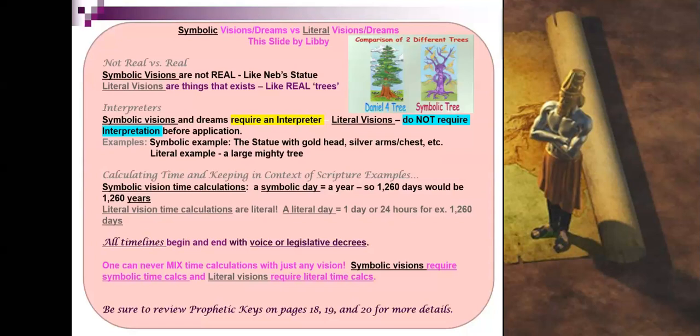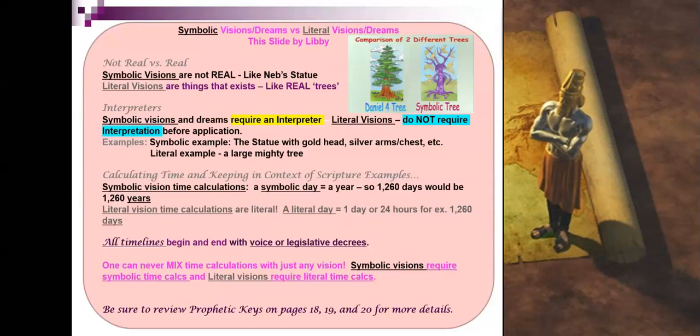Thank you. Okay, so it does represent King Nebuchadnezzar, yes, but what is used is actually something real. So symbolic visions, for example Nebuchadnezzar's statue, those types of visions and dreams require an interpreter.